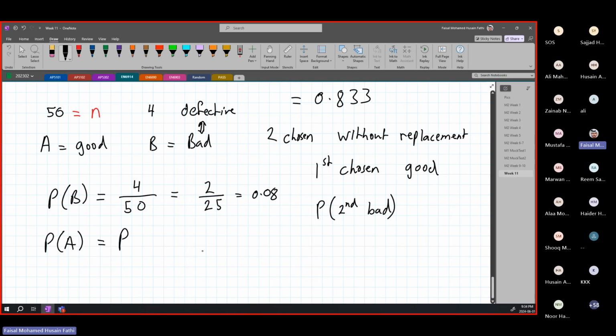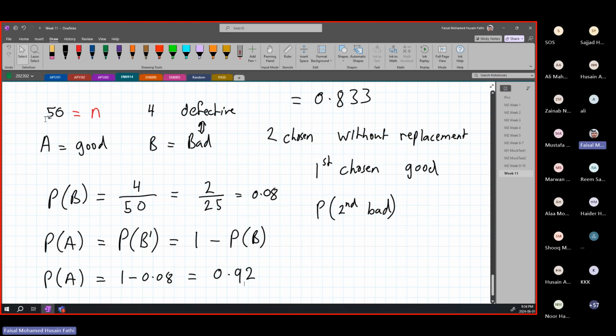So the probability of A is equal to the probability of not B. Being good means it's not bad. So it is 1 minus the probability of B. We have already found the probability of B, so the probability of A is going to be equal to 1 minus 0.08, which is equal to 0.92. So from the question, you need to understand how to find out the probabilities and what they mean by defective, and all of the rest that we will look at right now.